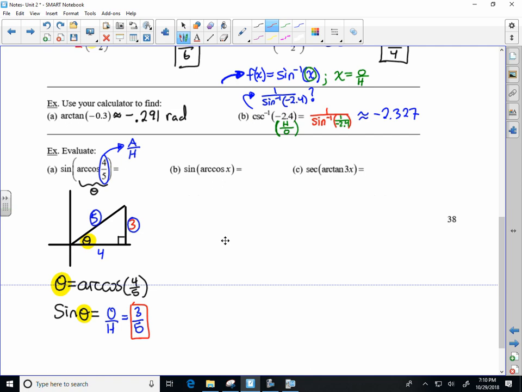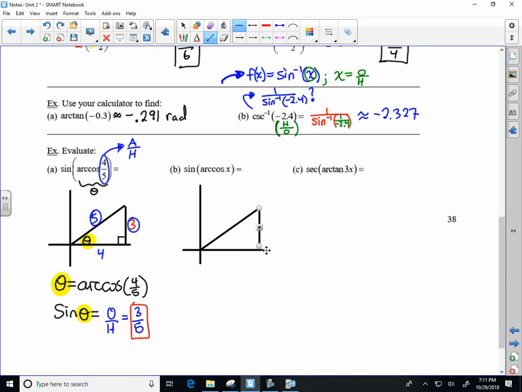Okay, so we graduate to variables. So the sine of the arc cosine of x. I want to come up with an algebraic expression that would represent the same thing as the sine of arc cosine of x. So let's draw another triangle with a right angle.